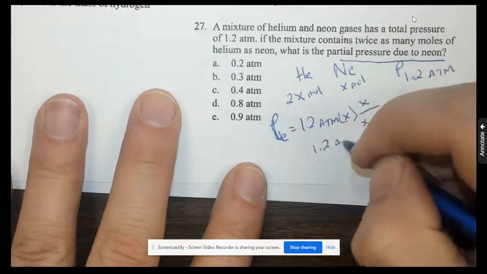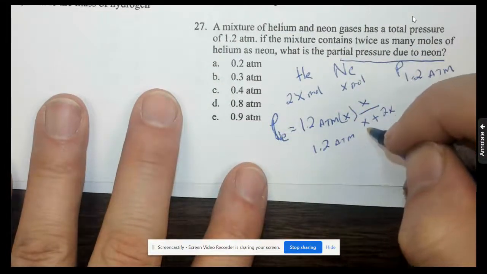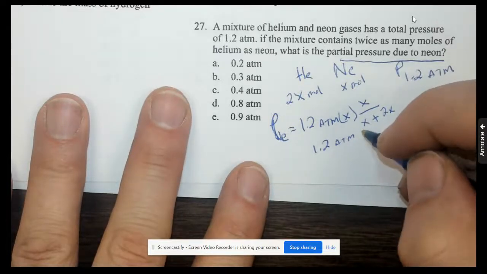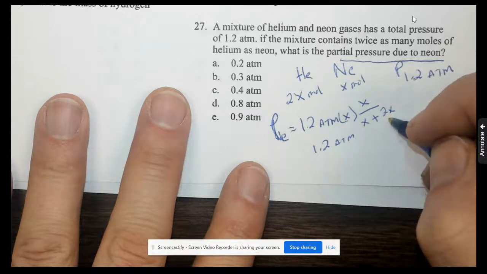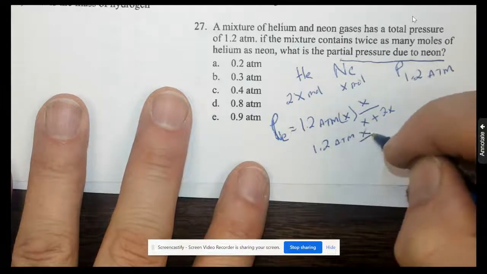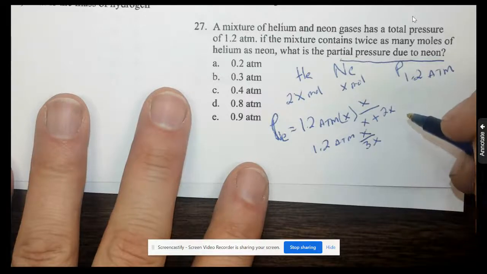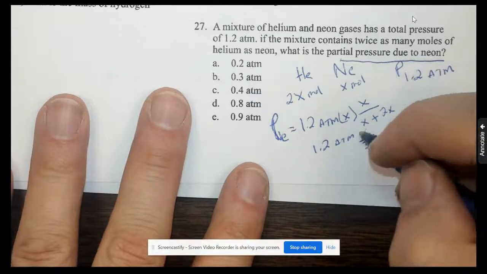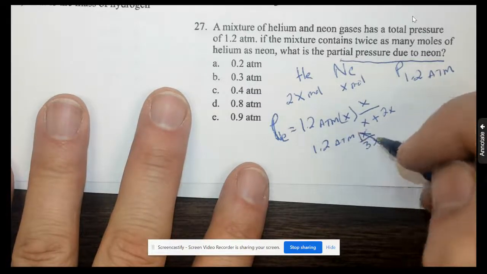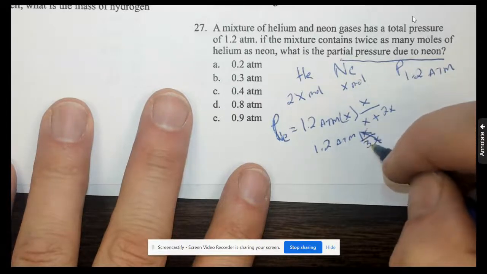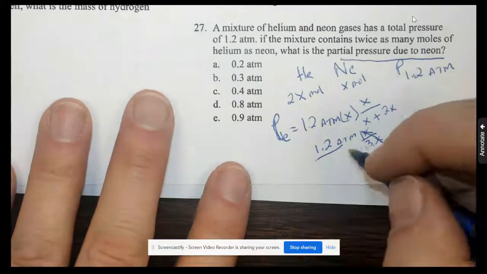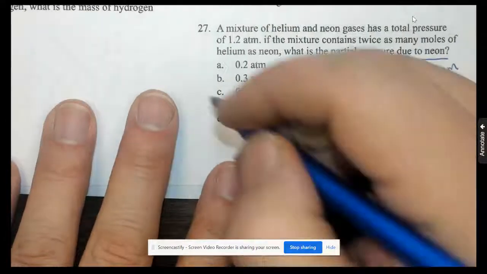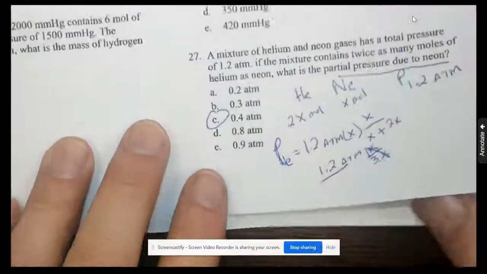So you'd have 1.2 atm times, X plus 2X, that's 1X plus 2X is 3X. So you'd have X over 3X. These cross out, 1/3. So you'd have 1/3 of 1.2, or 1.2 divided by 3. That's 0.4.